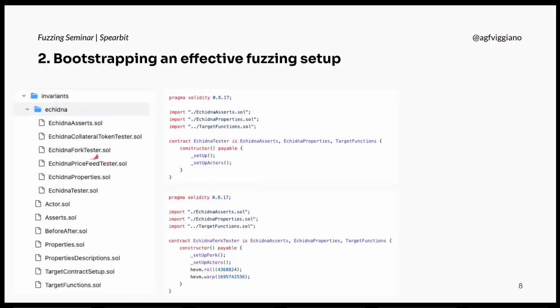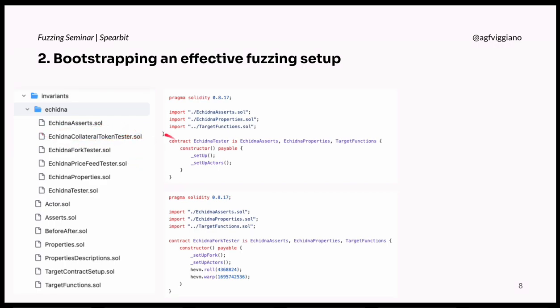So this way you can reuse the same code everywhere with minimal boilerplate and minimal differences. Here there's a fork tester contract, and a tester contract, which is the local tester. There are some other contracts that are specific to one component. For example, for the price feed, since it has many different states, we wanted to have the fuzzer check each state individually, so we have a specific tester for this one.